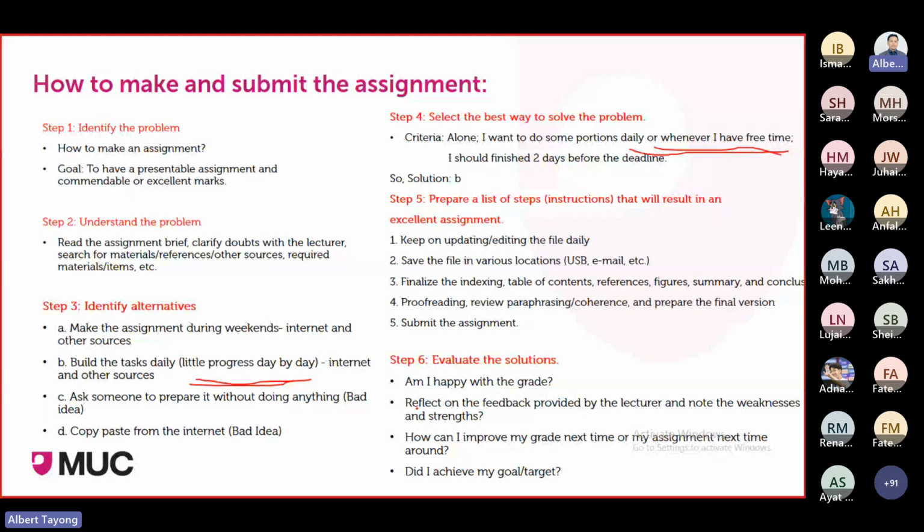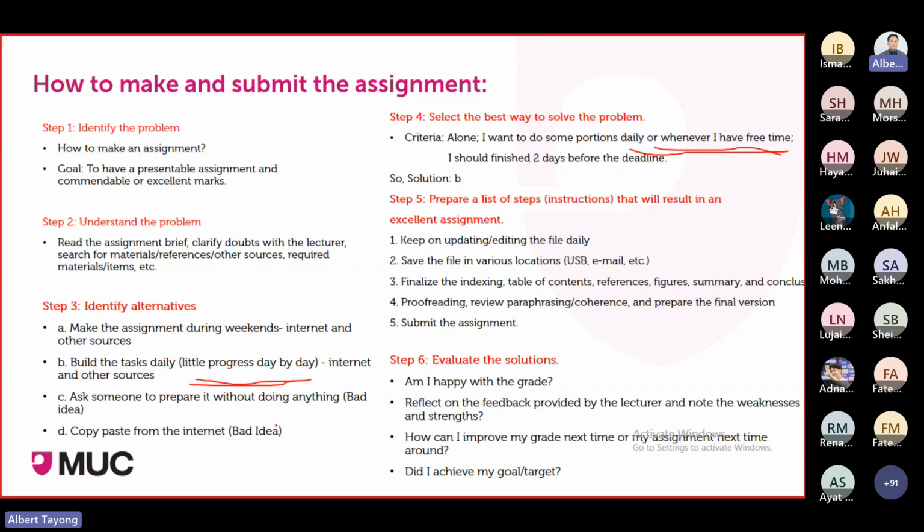It could be 1 paragraph only every day, or even 1 line, or maybe just editing in a particular day, changing the words, paraphrasing, just trying to ensure that something is happening every day.